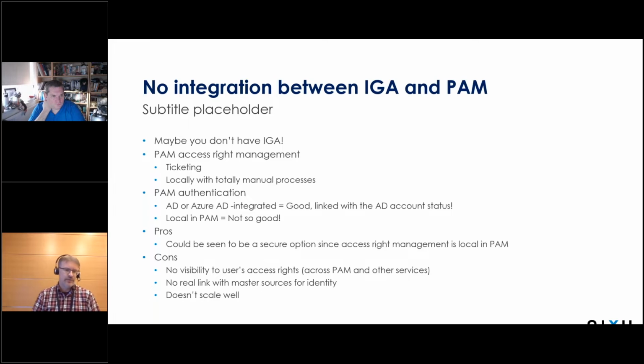So you might use ticketing, just any ITSM system, ServiceNow or whatever, and have a semi-automated process, or you can do it totally inside the PAM solution itself with completely manual processes, meaning that there's an actual person making these access right changes, the changes in the role memberships, and so on inside PAM.